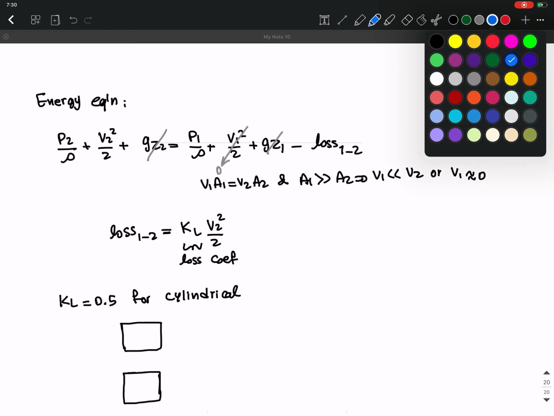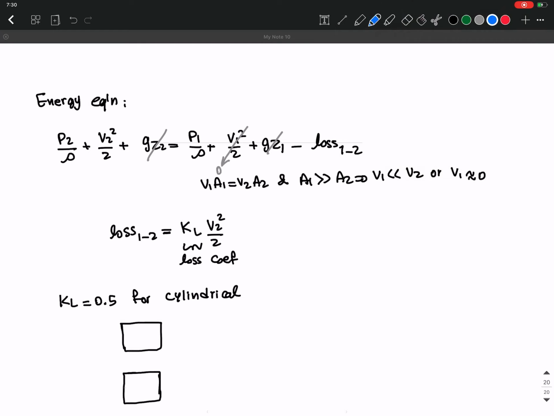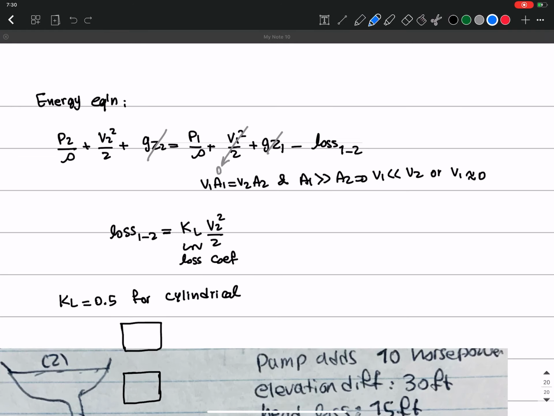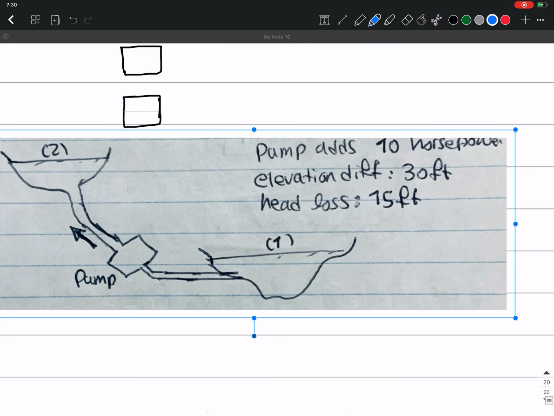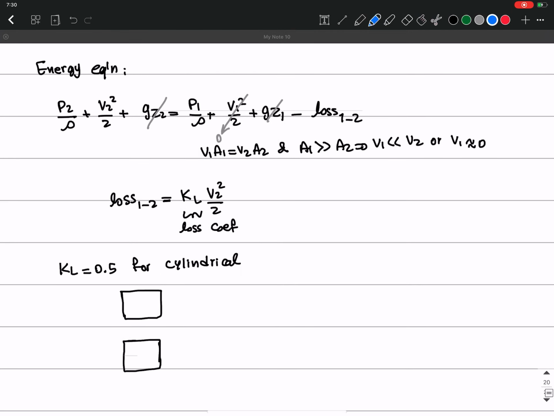So the fluid comes from here and then goes out, and you lose half of your initial kinetic energy in this vent. And KL is going to be about 0.05 for rounded cylindrical vents.